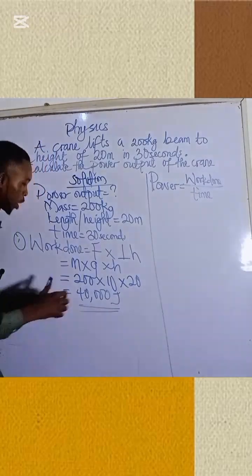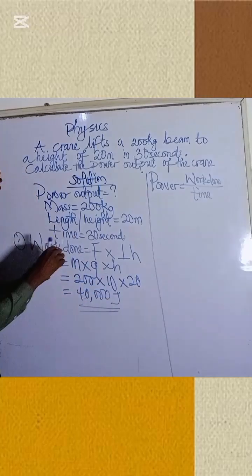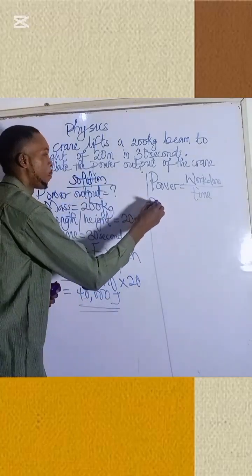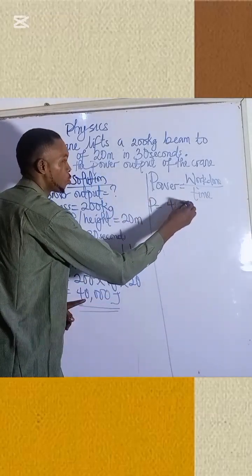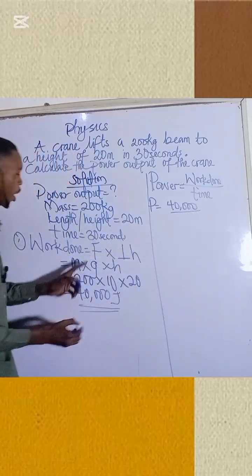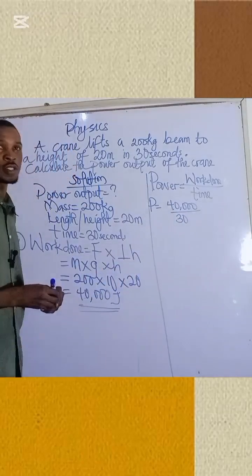Right. So now, since we have gotten the value for work done, we'll come back to power. So we say power is equal to work done, which is 40,000, divided by time. Time is 30 seconds. Can you see? All right.